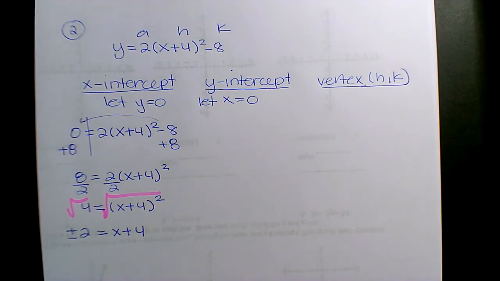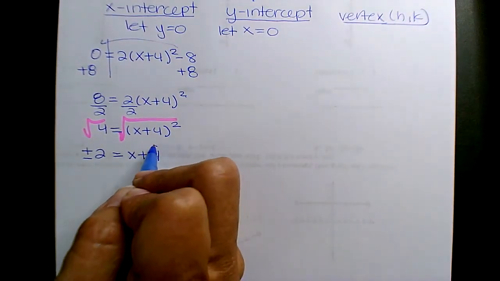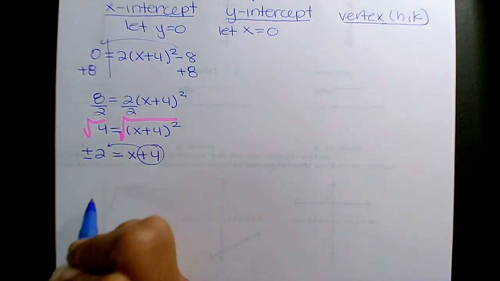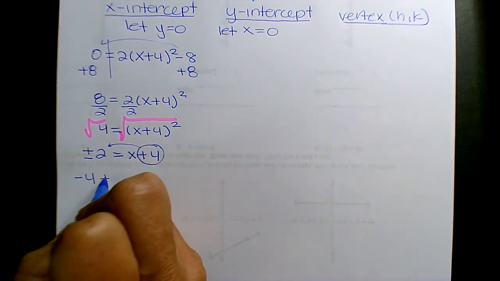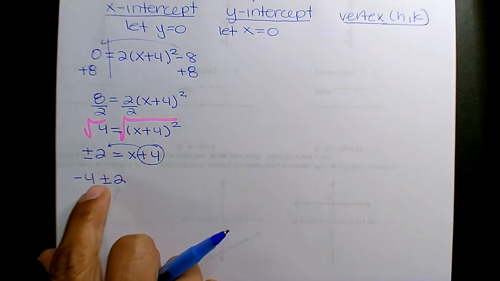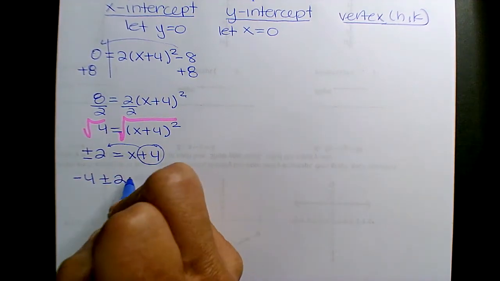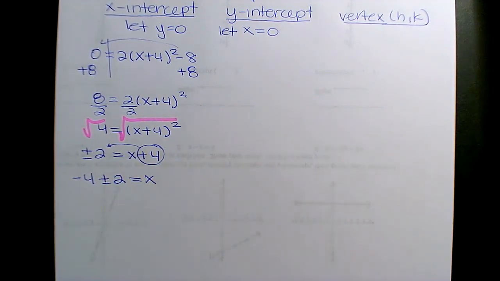Now you take your 4, this constant, over to combine, throw it in the front, so it's -4 plus or minus 2 is equal to x. Those are your 2 cases, where you have to execute the arithmetic: you have to add and you have to subtract.